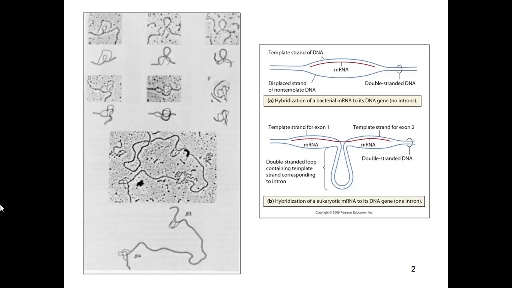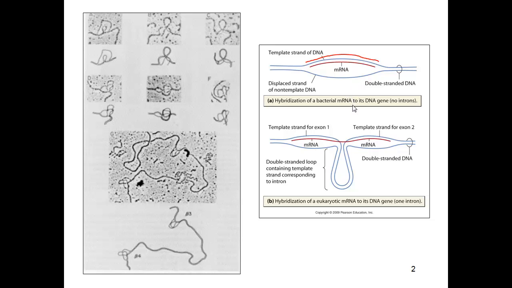Here I'd like to briefly show just some of the data that was used for the discovery of introns. The experiment was to hybridize some messenger RNA to DNA to find out where the gene was. At this time, introns were unknown, and it was believed that the mRNA sequence was an exact copy of genomic DNA. If that were the case, you would expect it to hybridize smoothly as depicted here.